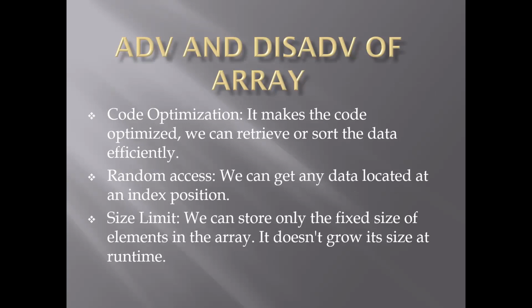Also, about random access, you can get any data located in the array using its index. So using the index, it's easy for us to access data at any location inside the array.